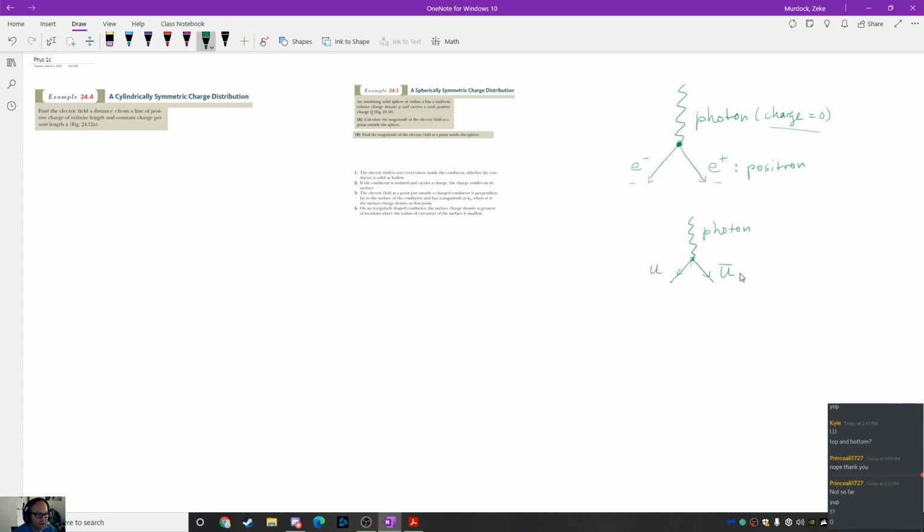The up quark has a charge of positive 2/3, and the anti-up quark has a charge of negative 2/3. Both of these are times E, the electron charge, right? And every bit of matter that was created in the early universe, we think, followed some kind of pattern like this, so that you would always have equal amounts of positive and negative charge.